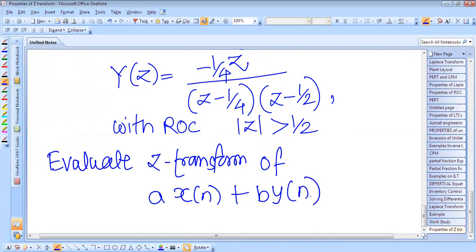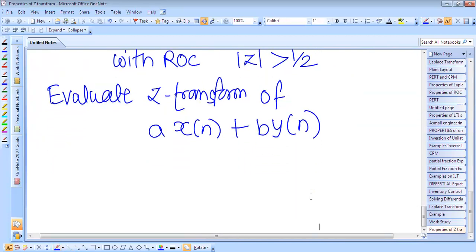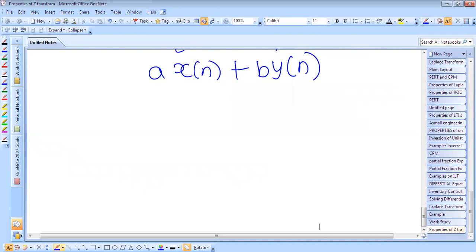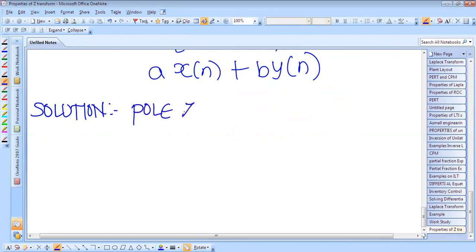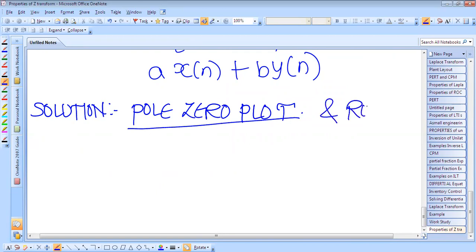First we can show the pole zero plot and ROCs for x of n and y of n.